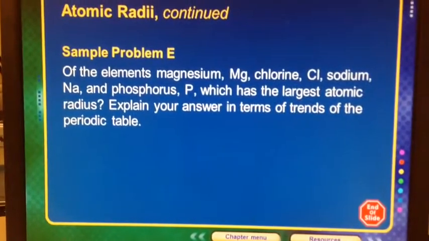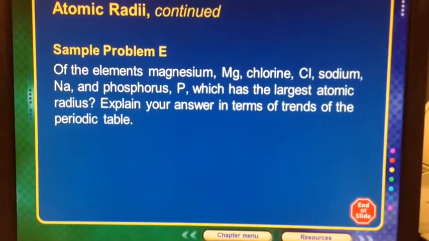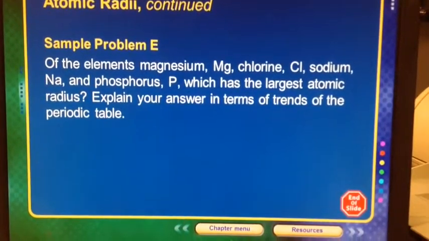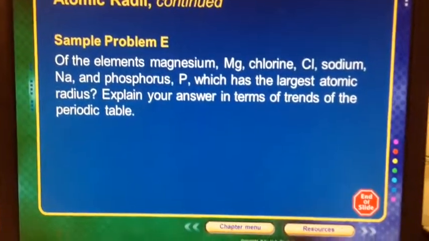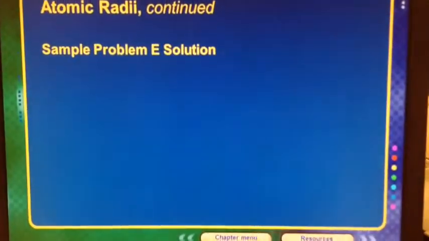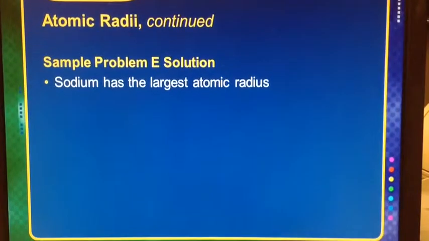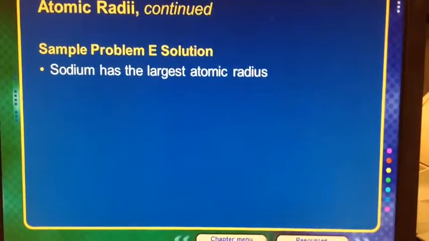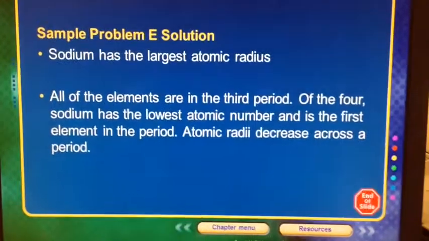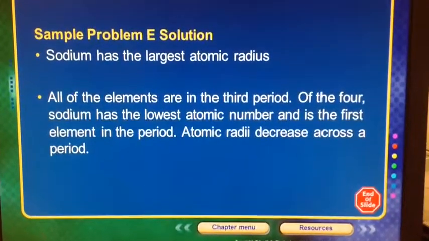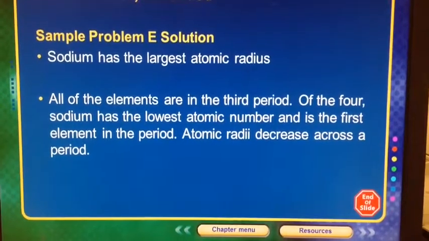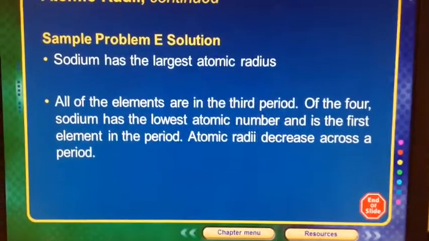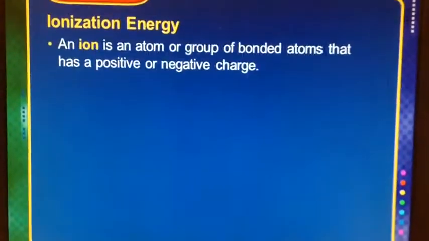And so then, knowing that they're larger on the left-hand side, you would look to see that sodium is in position 1, or group 1. So sodium has the largest atomic radius of the 4, because it's the first element in the period. So remember, the atomic radii decrease as you go across the period.